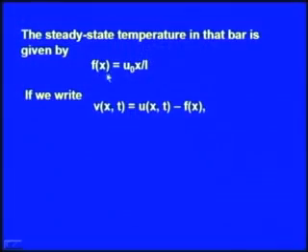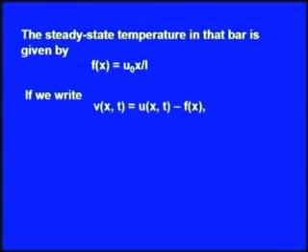So, the heat equation becomes ∂²u/∂x² equal to 0, and therefore, u(x,t) is a linear function of x only, u(x,t) becomes ax plus b, and if you put in the boundary conditions, that at x equal to 0 the u is 0 and at x equal to L u is u₀, then what you get is u(x,t) becomes u₀x over L.